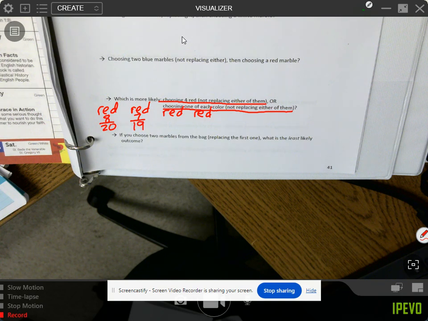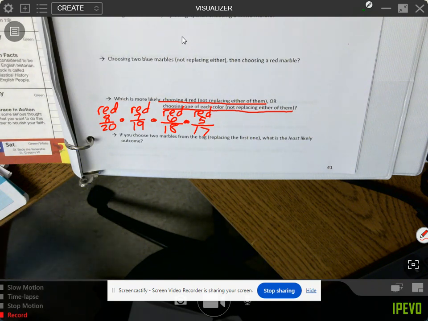What's my third red? 6 out of 18. And what's my last red? 5 out of 17. And then I have to go through and I have to multiply them. Find the percentage. Then I have to do the same thing for choosing 1 of each color, not replacing them. Find your percentage. And then your answers, which one is more likely to happen, is a higher percentage.